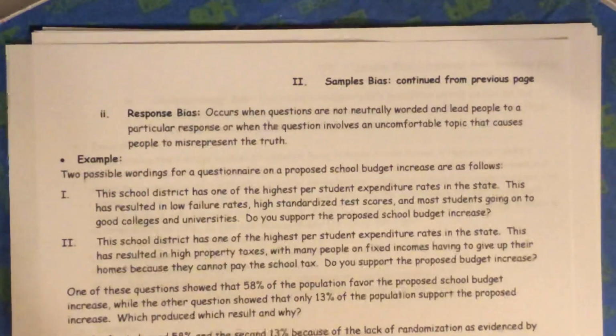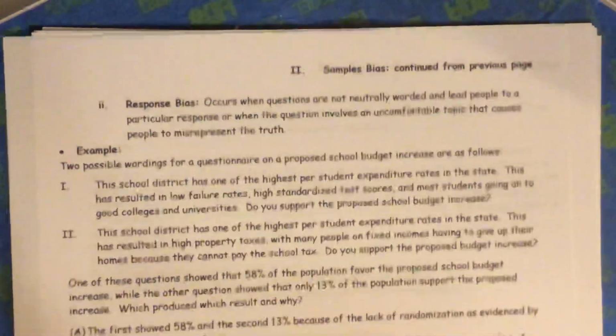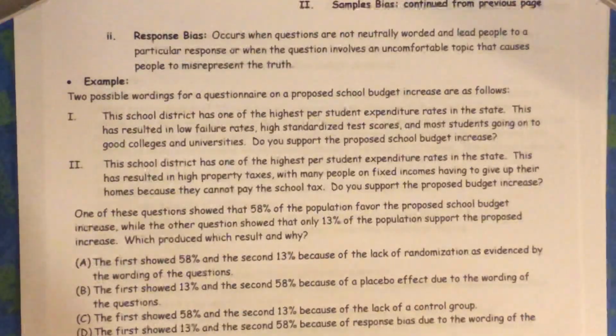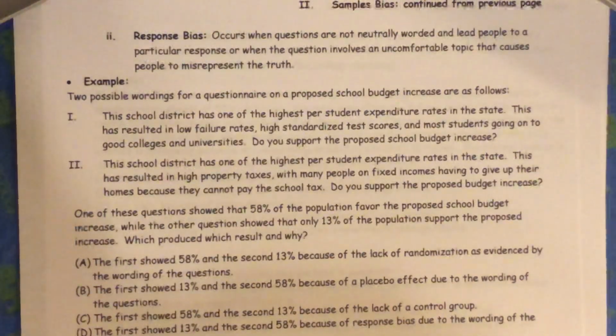Two possible wordings for a questionnaire on a proposed school budget increase are as follows. The school district has one of the highest per student expenditure rates in the state. This has resulted in low failure rates, high standard test scores, and most students going to good colleges and universities. Do you support the proposed budget increase? Well, that's fairly positive. This school district has one of the highest per student expenditure rates in the state.